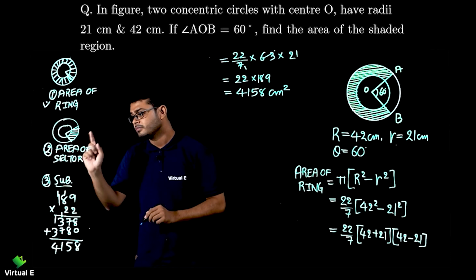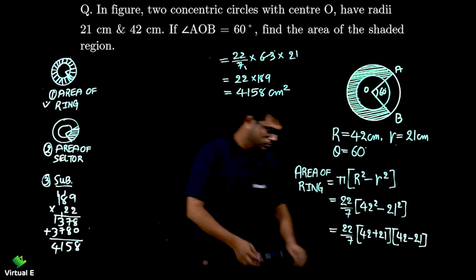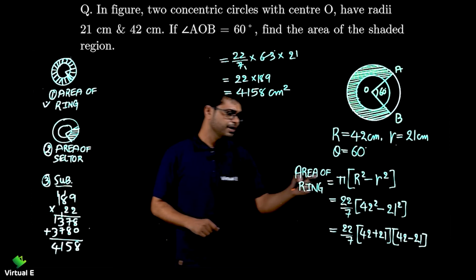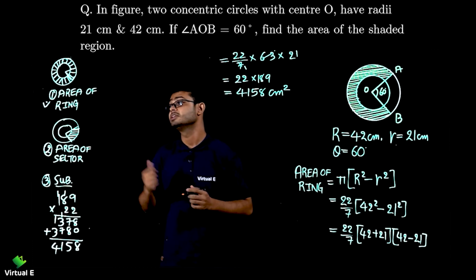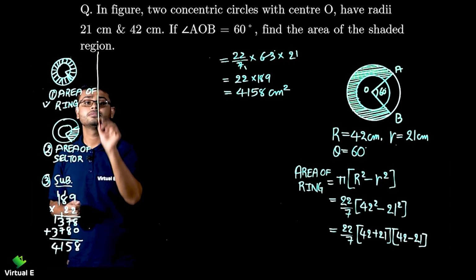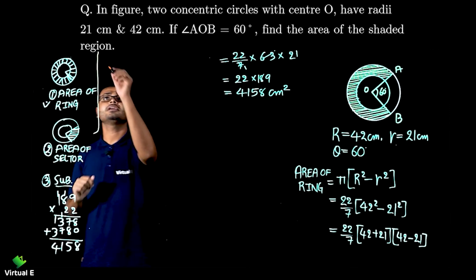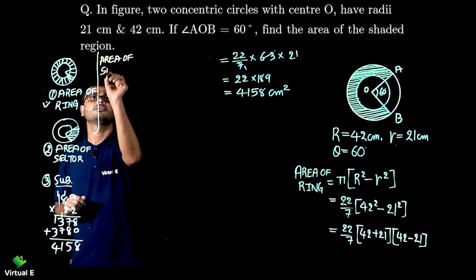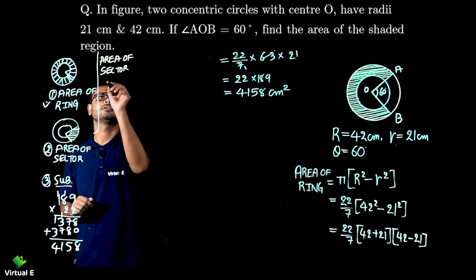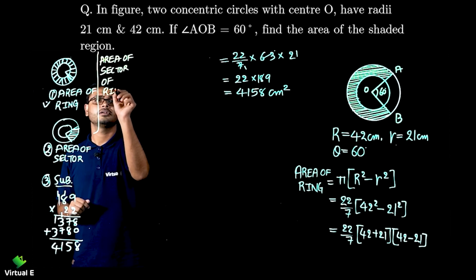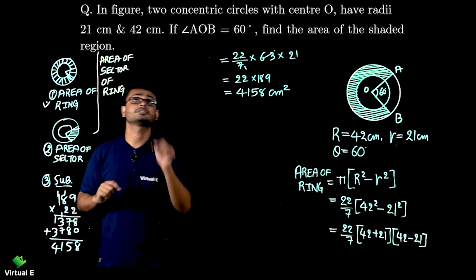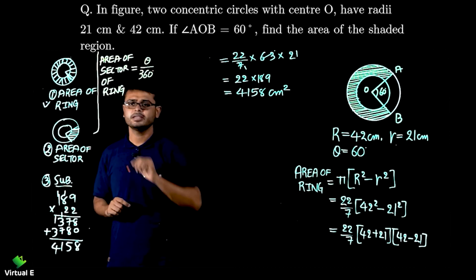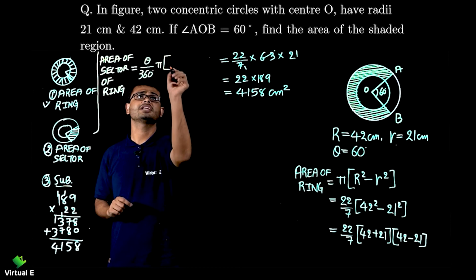Now what I need to do, area of sector. Can I just multiply this by theta over 360 degree? See, I'm making it more simple for you. If we write the formula for area of sector of ring, remember I'm talking about ring, concentric circles, it will be theta by 360 degree, pi will be common, and what's left?